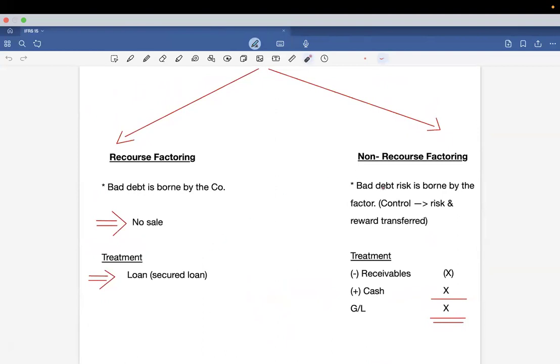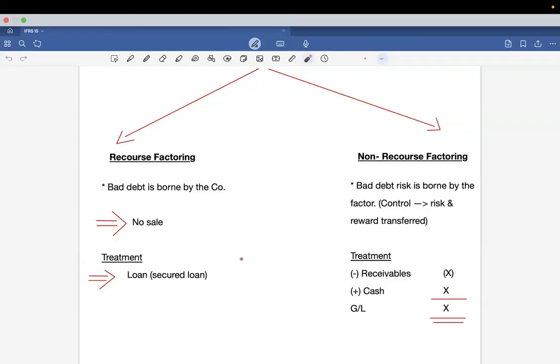That means the non-recourse factoring actually collects a certain fee from you. So you would get a gain or loss from it. It depends upon how sure you are to collect the debt.